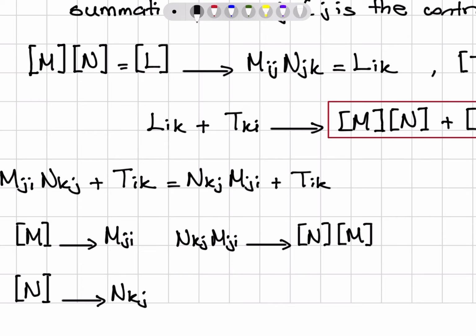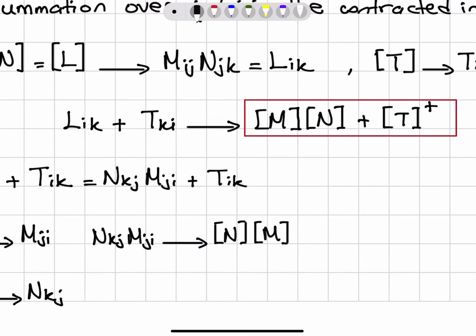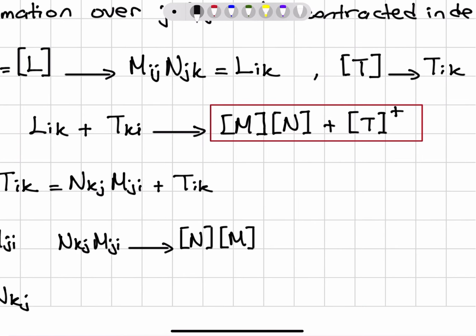All right. And this gives me the L matrix, where J is the contracted index.